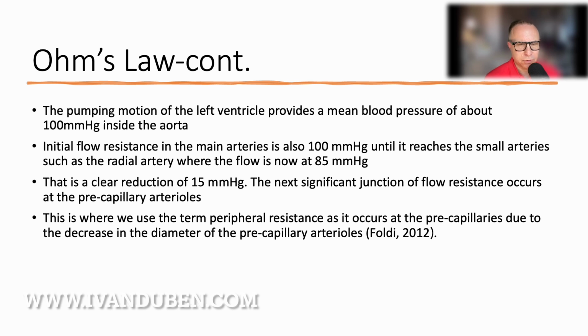Now again, we're talking about the superficial lymphatics when we're talking about the precapillary arterioles. And I'm going to again remind you that there's a deeper lymphatic system which is also a slave to the pressure gradients and pressure within its respective arteries.